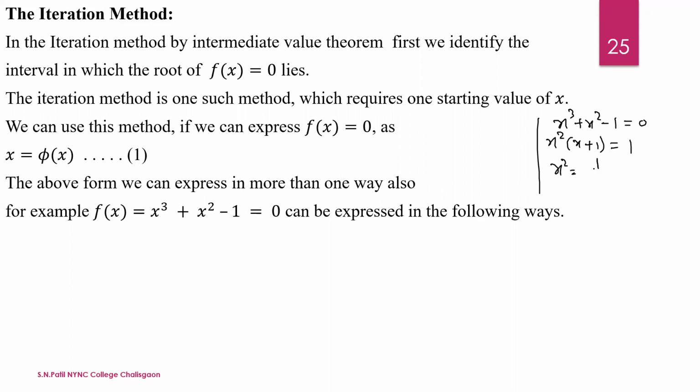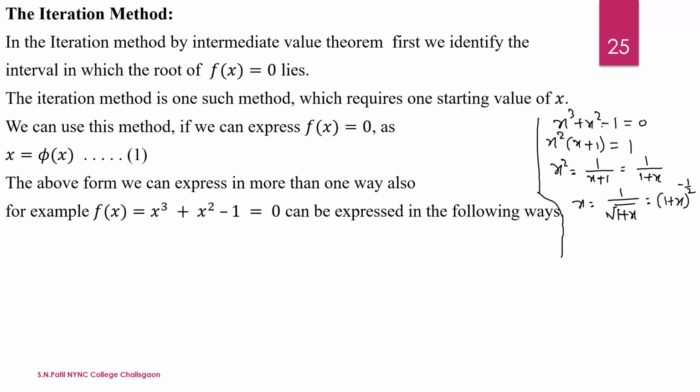That is x square is equal to 1 upon x plus 1, otherwise 1 upon 1 plus x. X plus 1 and 1 plus x are both the same, addition is commutative. Now we want x, so taking square root both sides, we get 1 upon under root 1 plus x, that is 1 plus x raised to minus 1 by 2.